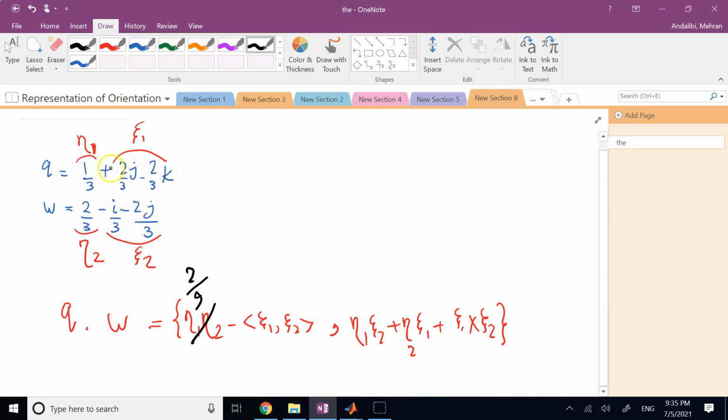Here there is no i, so this i will be multiplied by no i, so it goes away. There is also no k for the bottom one, so the k and k go away. So all you have is 2 over 3 j times negative 2 over 3 j. When you multiply them, you are going to get negative 4 over 9 j squared. And remember, j squared is negative 1. So the result of this is going to be 4 over 9.